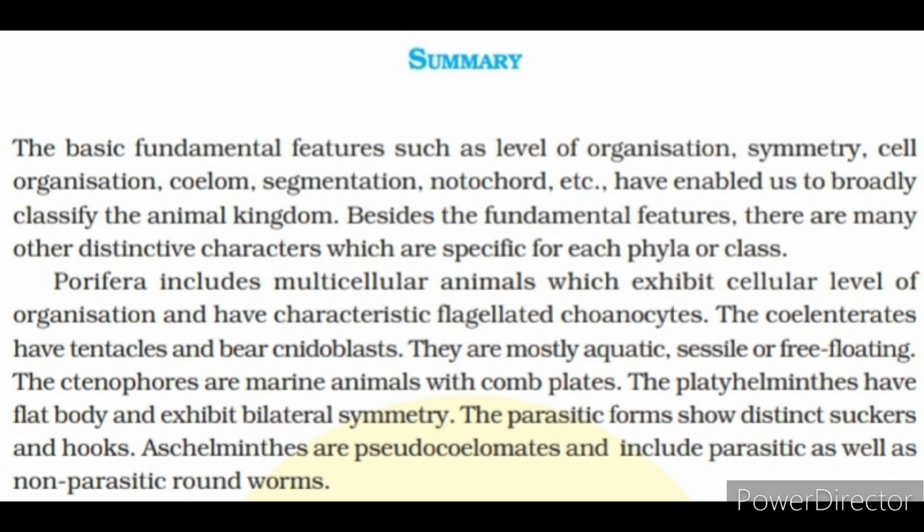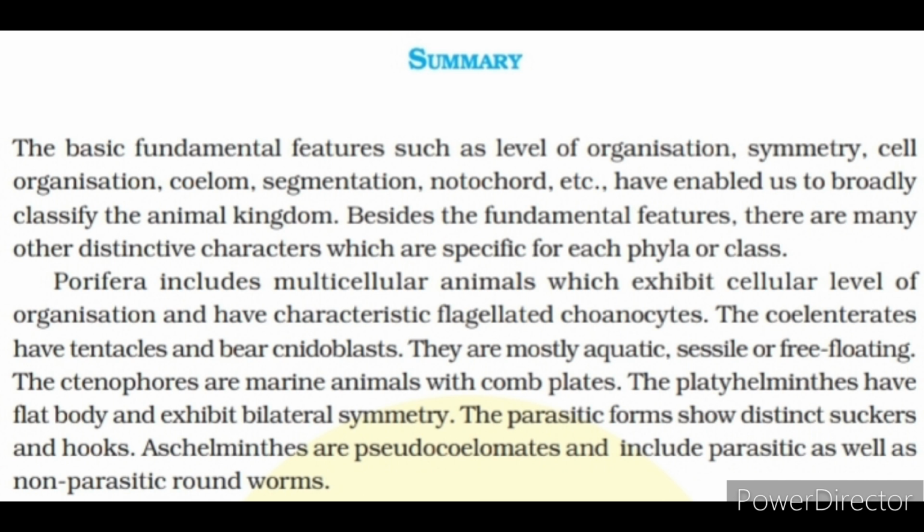Summary. The basic fundamental features such as level of organisation, symmetry, cell organisation, coelom, segmentation, notochord, etc., have enabled us to broadly classify the animal kingdom. Besides the fundamental features, there are many other distinctive characters which are specific for each phylum or class.